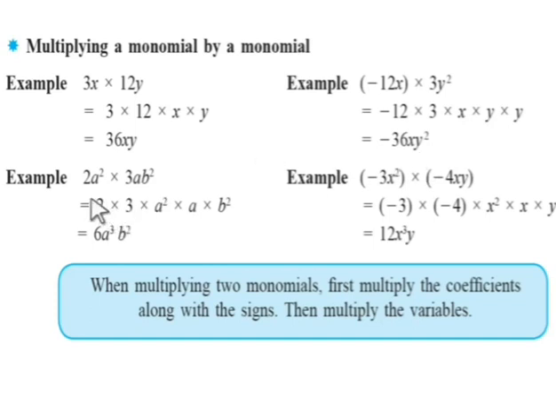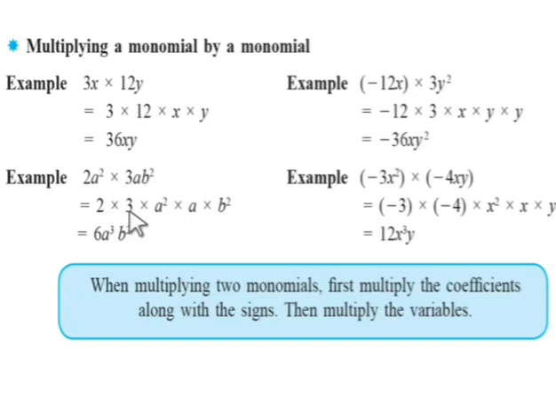Now next example, 2a square multiplied by 3ab square. Again here the coefficient is 2, so we will write here 2. In 3ab square the coefficient is 3, so we will write here 3. Now multiply all the variable part, that is a square, then a and b square.